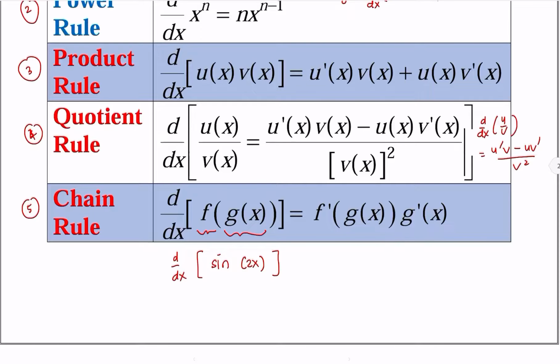Therefore we differentiate the sine, which gives cos, but it still remains 2x. Then we multiply with g prime x, meaning we differentiate 2x to obtain 2, so we have 2 cos 2x. That is the chain rule, if you still can remember.